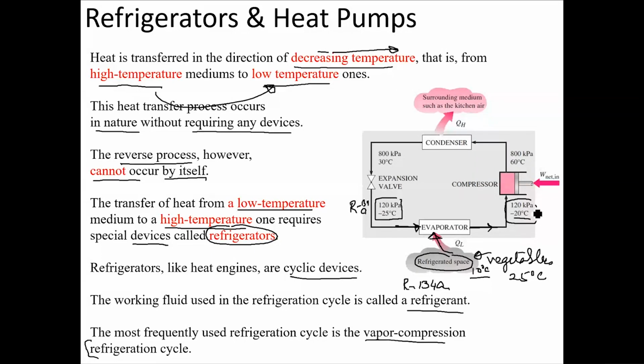The temperature has increased. So the refrigerant has extracted the heat out of the vegetables or from the refrigerated space, from the lower compartment of your fridge, or for that matter the upper compartment of your fridge, whatever it is, heat has been extracted.